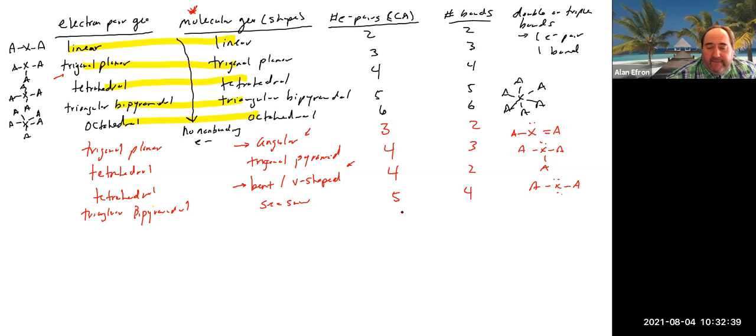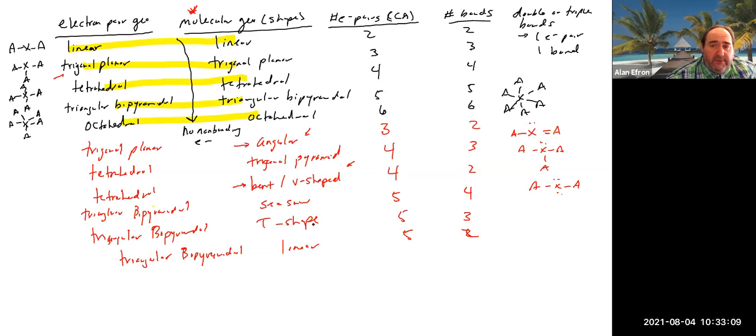We also had 5 electron pairs and 3 bonds. That, again, is our triangular bipyramidal, and that would be our T-shaped, the one that kind of looks like a T. And there's also 5 electron pairs and 2 bonds, which was triangular bipyramidal, and that actually gave us that linear geometry.